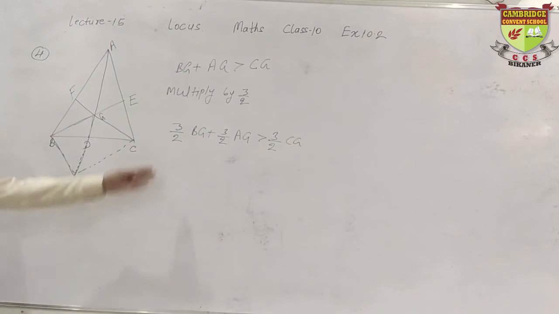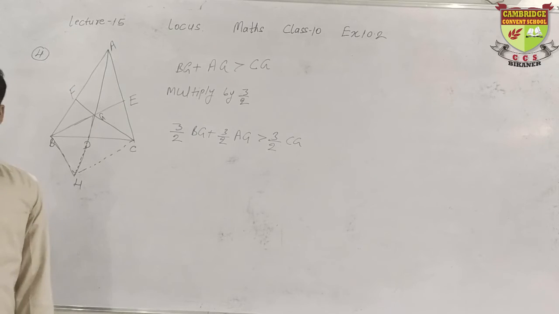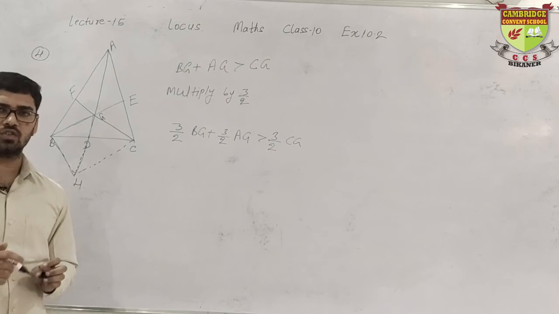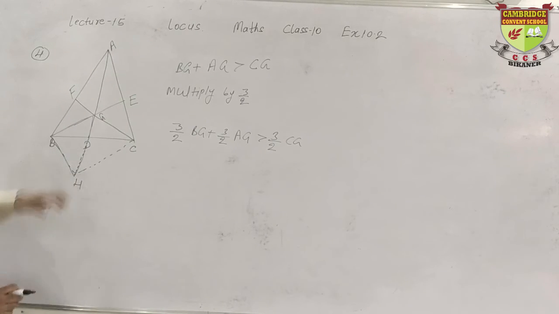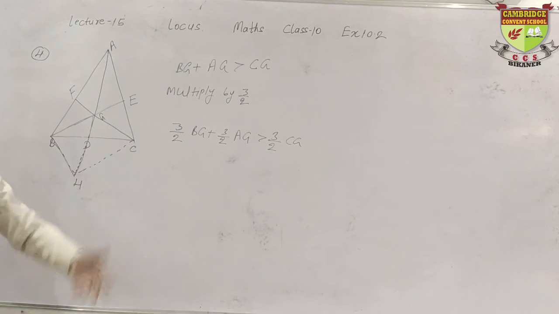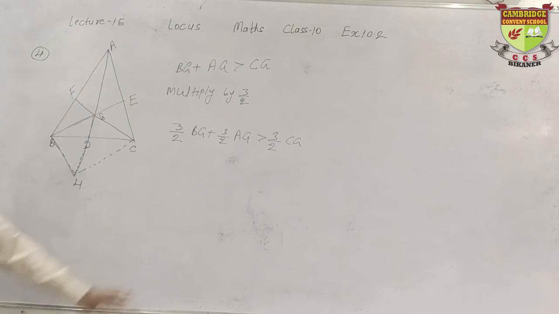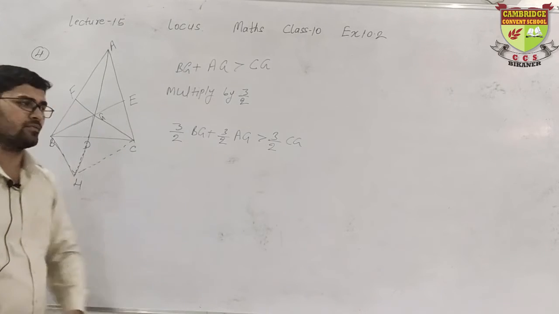Okay. And what will be their values? You must know. We have done so many questions, lots of questions. You know the ratio of 3 upon 2. Go to the previous lecture. You will get to know, because I will not do it here again and again.